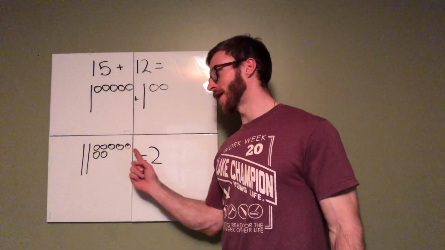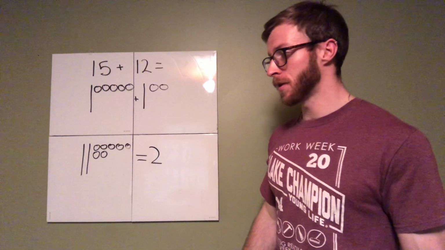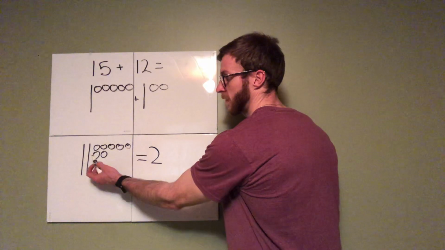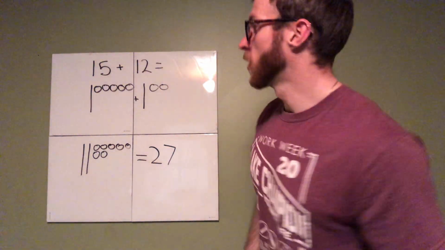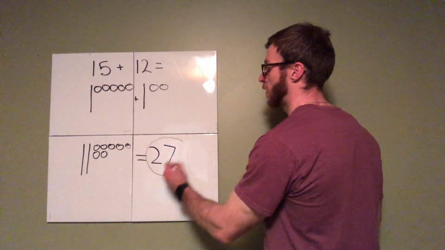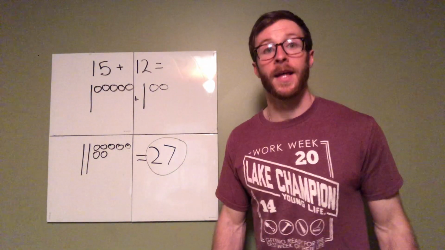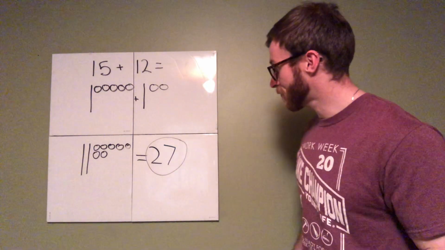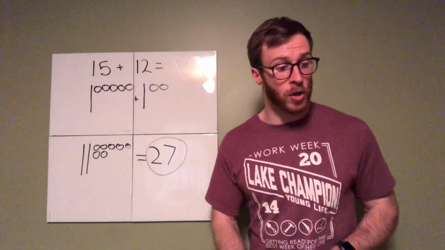We have 5 on the top, 2 on the bottom. 5 plus 2 equals 7. 1, 2, 3, 4, 5, 6, 7. 7 goes in the ones place. So our answer is 27. 15 plus 12 equals 27. Nice job. All right.